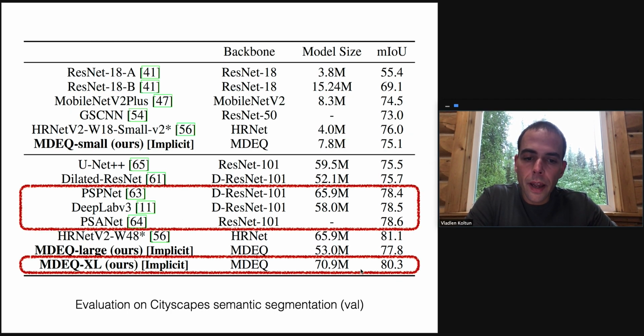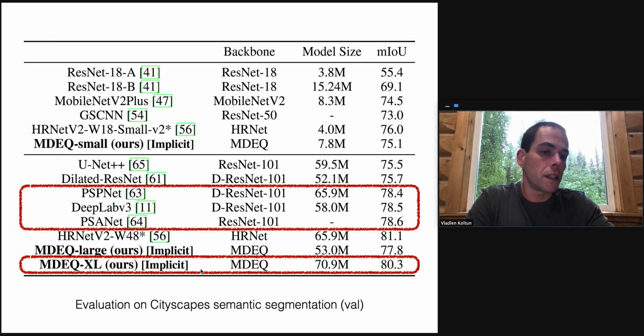Let's now look at the bottom part of this table, where we see the performance of a large Mdeck. This is the Mdeck XL. This now has a higher number of parameters. Setting aside capacity considerations, we're just going to look at absolute accuracy. After all, if you perform well on the Cityscapes leaderboard, the question of how many parameters you used is a bit secondary.